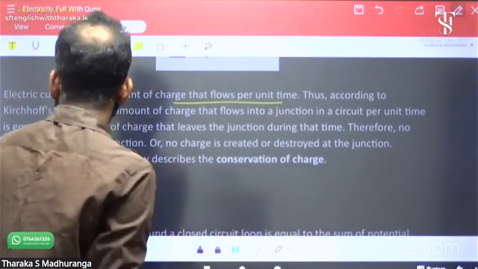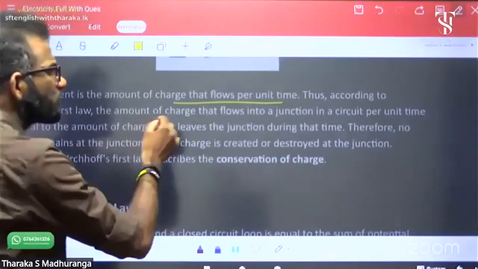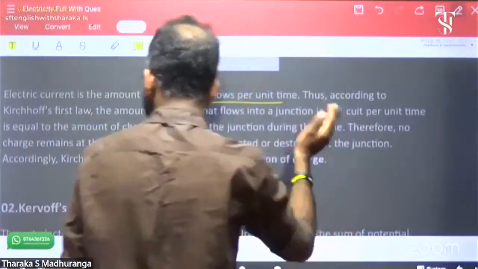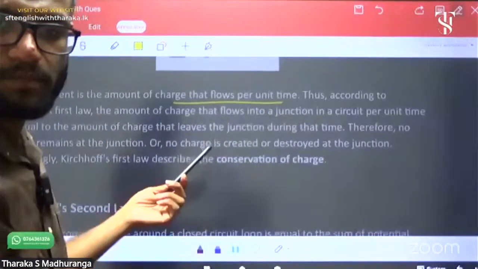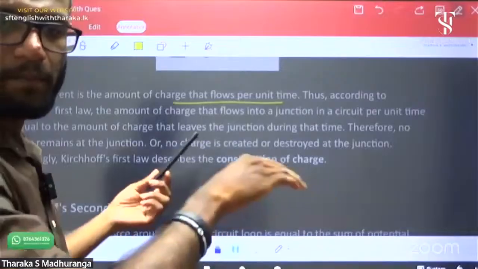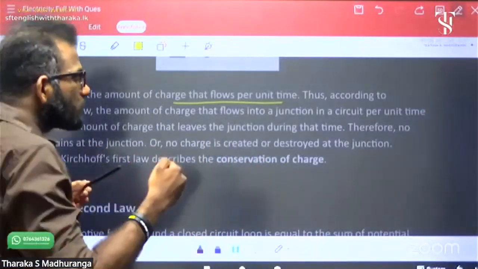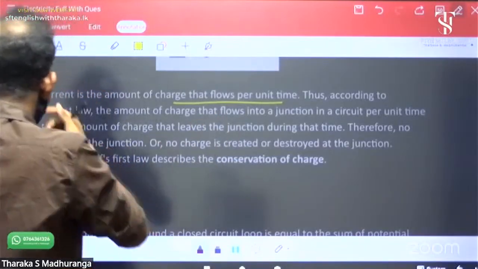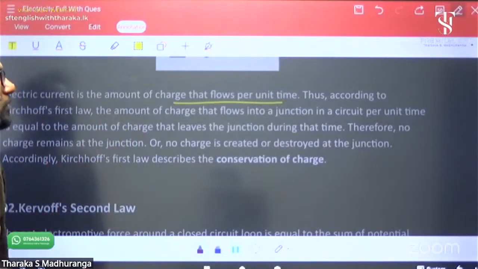Thus, according to Kirchhoff's first law, the amount of charge that flows into a junction in a circuit per unit time is equal to the amount of charge that leaves out from the junction during the same time.